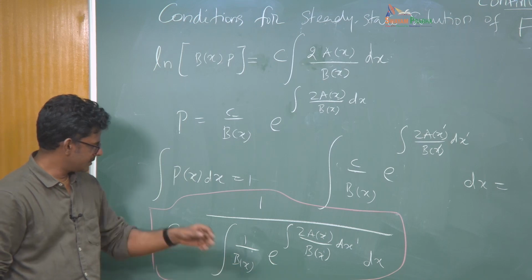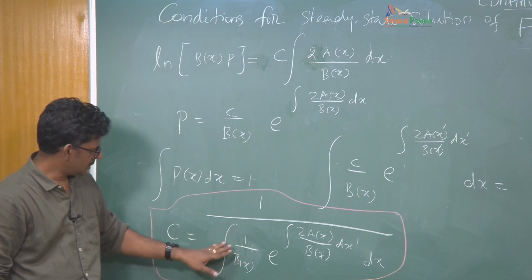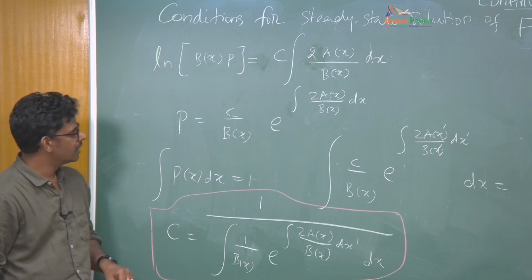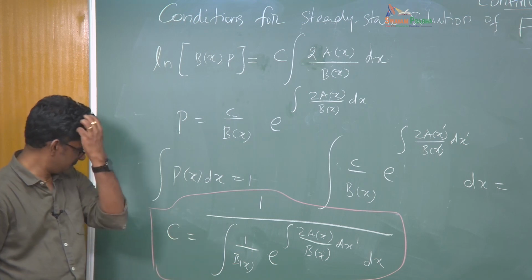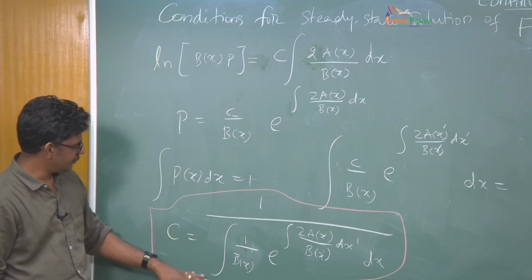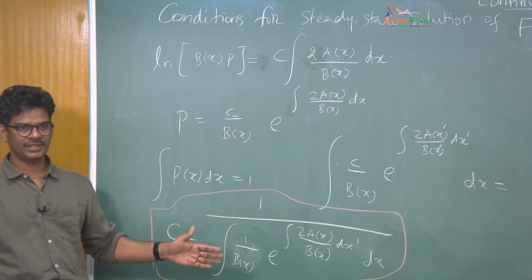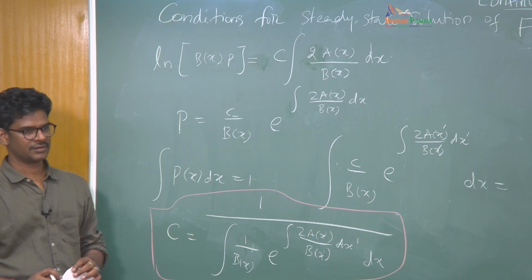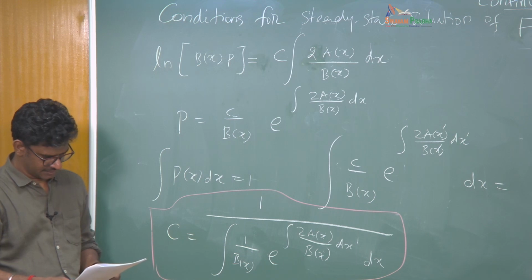Then what happens? You get the integral of just dx, and you have this integral going from minus infinity to plus infinity, because in the Wiener process the range of x values is from minus infinity to plus infinity.